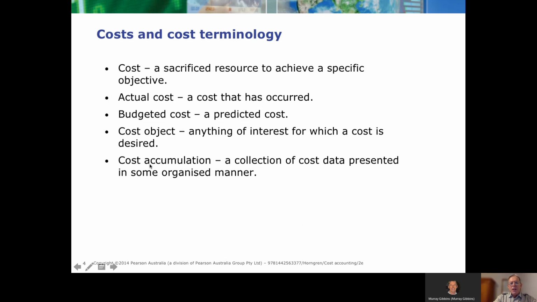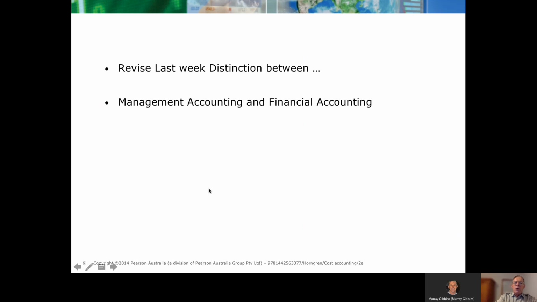And cost accumulation. A lot of the things we do in management accounting, some of the reports we do, are all about gathering this data and coming up with some sort of summarized figure, if you like. A quick distinction from last week, a bit of revision, between management accounting and financial accounting.